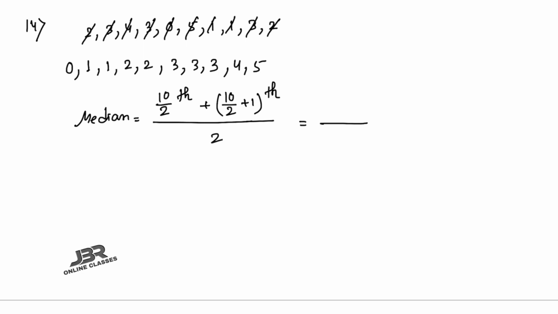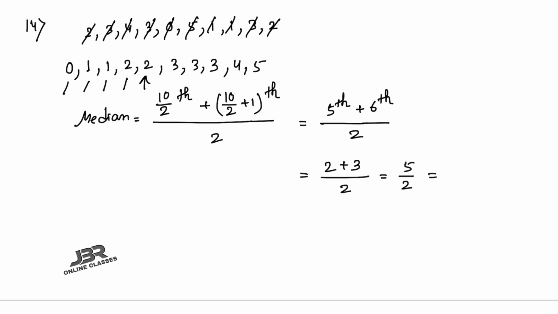That is the fifth observation and the sixth observation. The fifth observation is 2, and the sixth observation is 3. So that is equal to 5 by 2, which is 2.5. So 2.5 is your median.